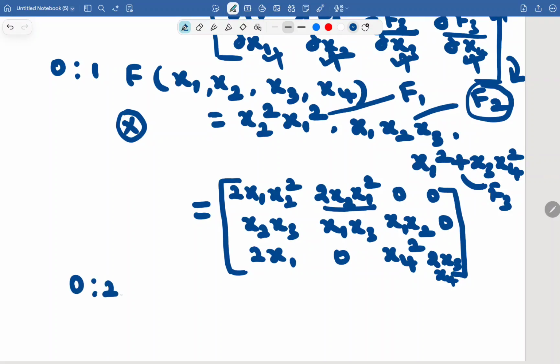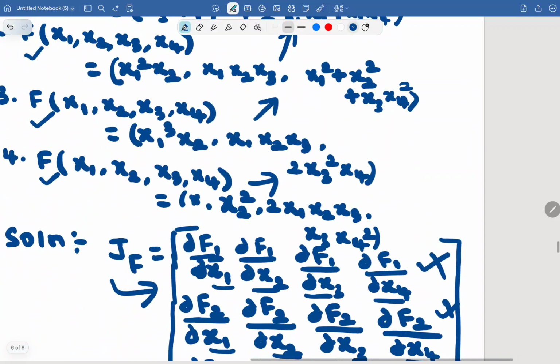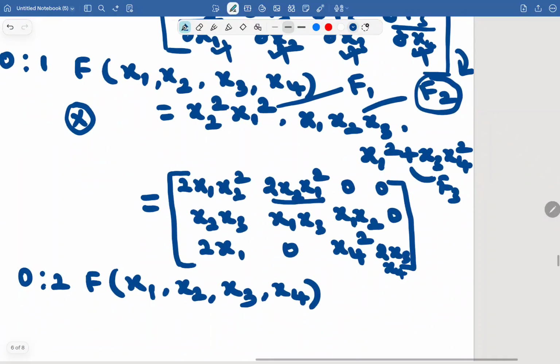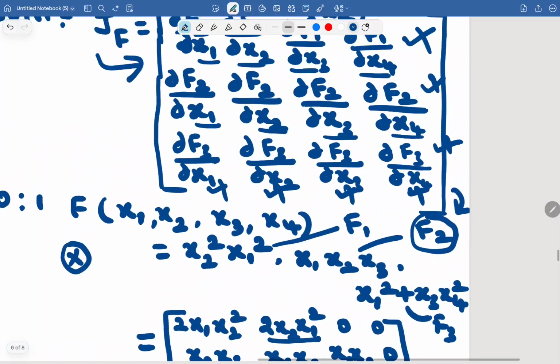Option 2, f of x1, x2, x3, x4. What is given? x1 square x2, x1, x2, x3, last term.